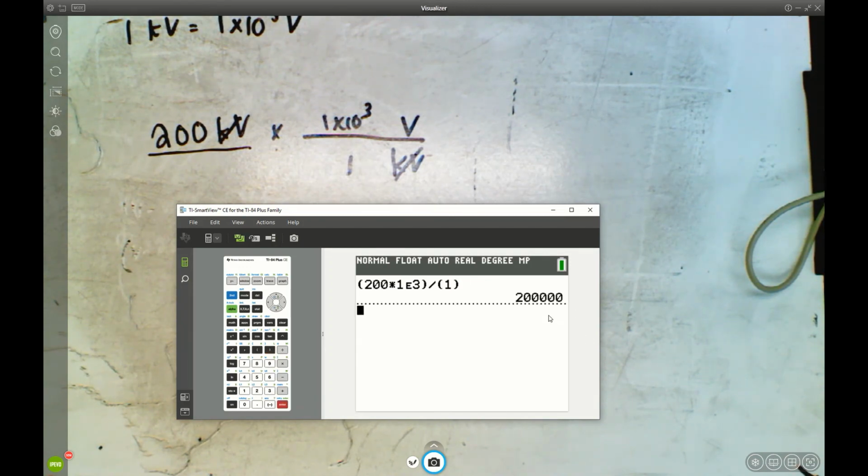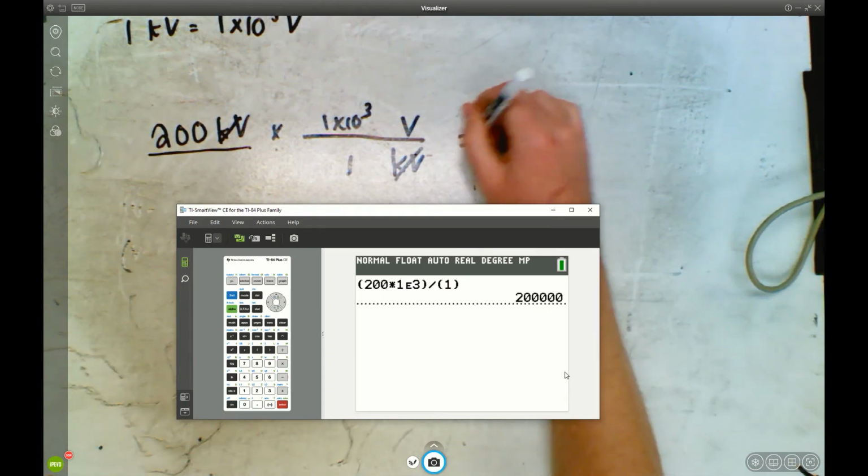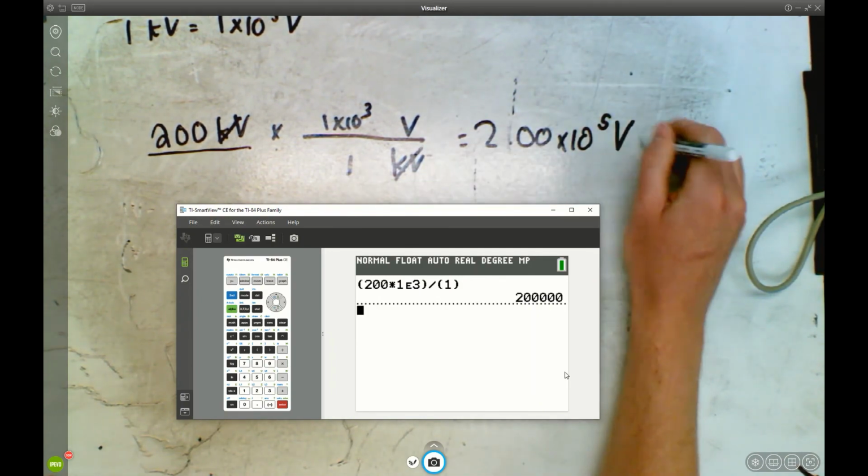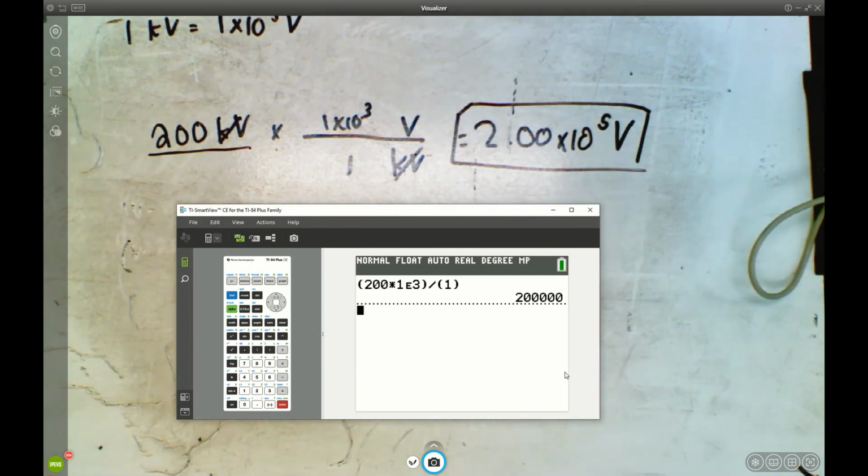And we get that as our answer. So in the question, we had 3 sig digs, so we want to answer to 3 sig digs. So this would be 2.00 times 10 to the 1, 2, 3, 4, 5. So my answer would be 2.00 times 10 to the 5, and the units that are left over are volts. And that's my final answer.